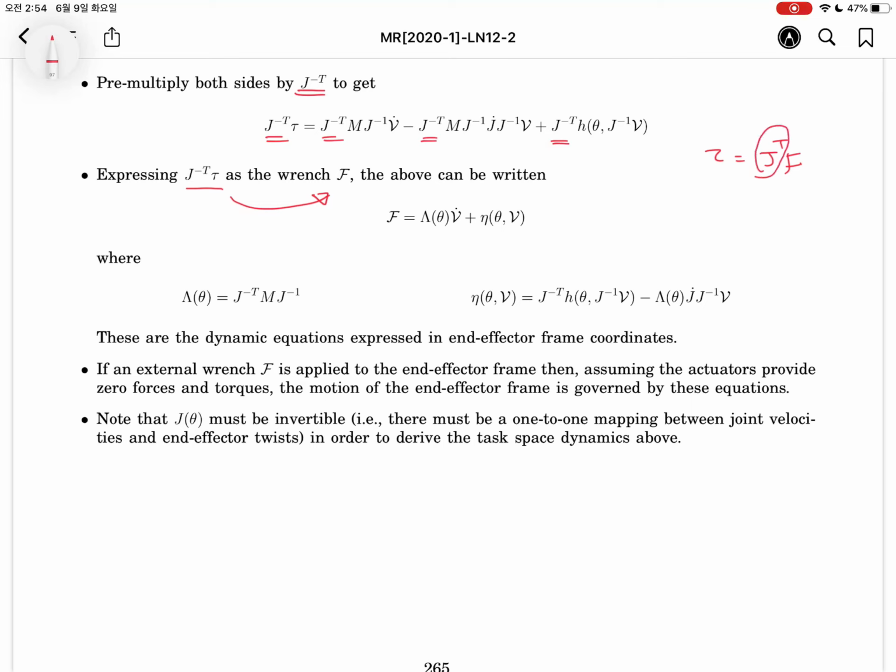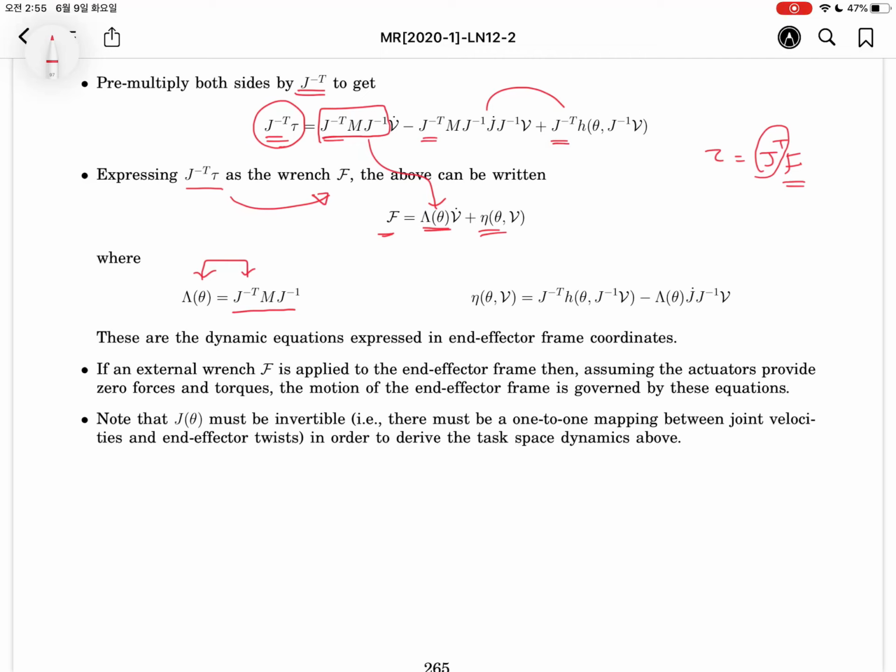So the inverse of J transpose is required to obtain the wrench. So this corresponds to the wrench. And how about this matrix? It corresponds to lambda, the task space inertia. And the remaining two terms correspond to the nonlinear terms. So J inverse transpose and J inverse will be equal to the task space inertia, the end effector inertia.